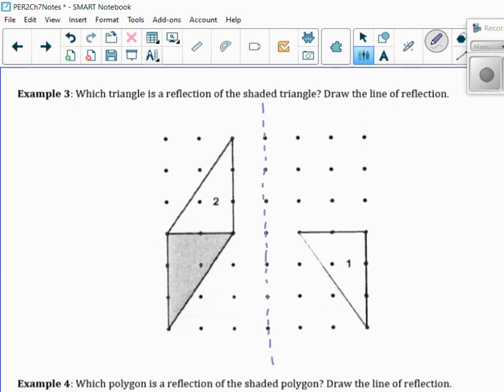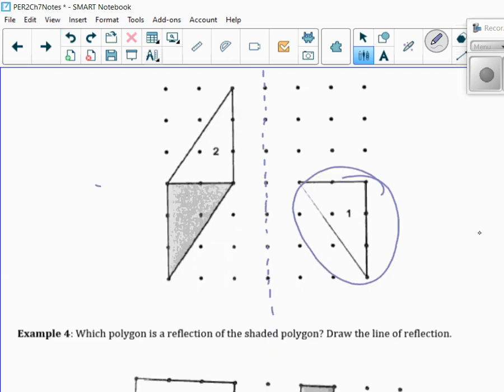Now, if I were to put a line here for triangle 2, it would not reflect the same way. So we'll get rid of that line. And triangle 1 is the only one that is a reflection, and that is the line that it goes through.